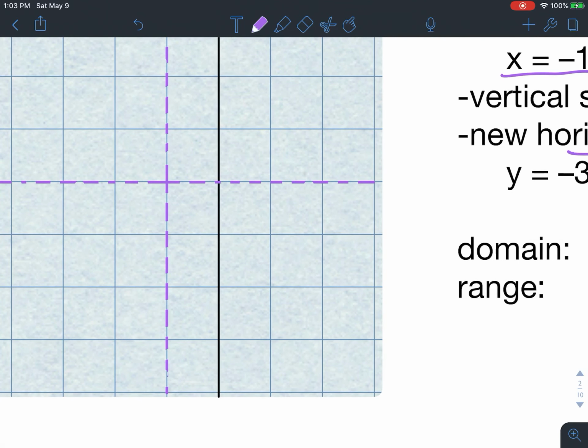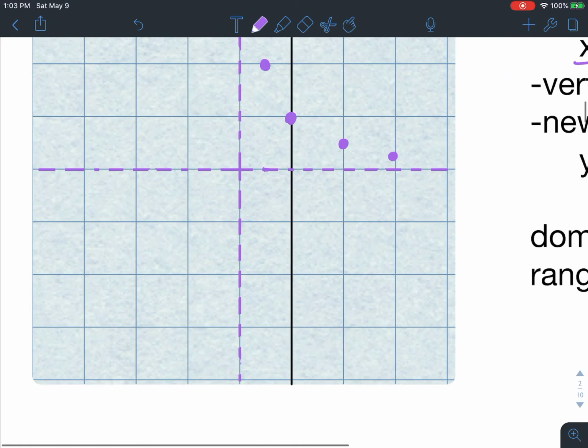From our pretend origin, we're going to go over a half up 1. Let me just get rid of that because that's not really there. Over 1 up 1, over 2 up a half, over 3 up a third. And then from our pretend origin, we'll go over a half down 2, sorry.